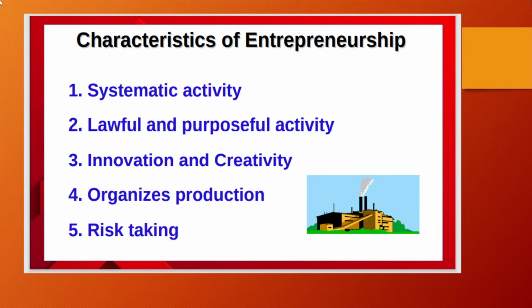So when we look at the characteristics of entrepreneur or entrepreneurship, the first characteristic says systematic activity. Now what do you mean by this? Entrepreneurship is a systematic activity. It is done step by step and it is a purposeful activity.